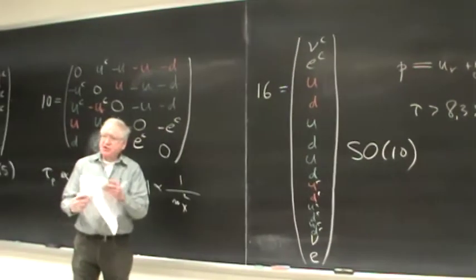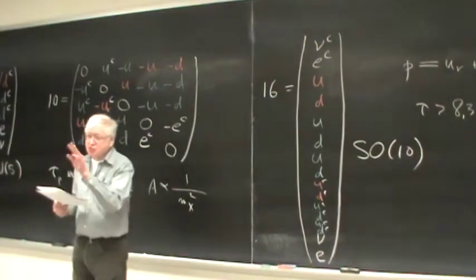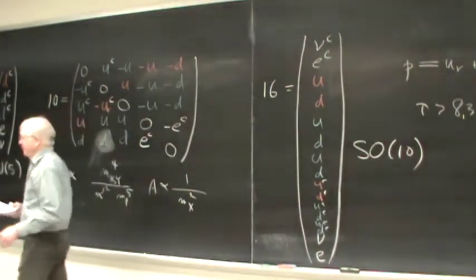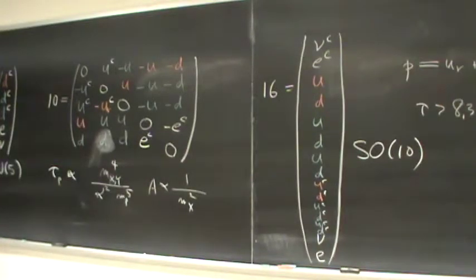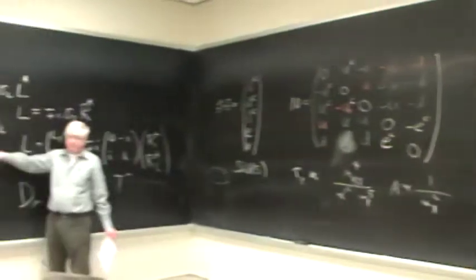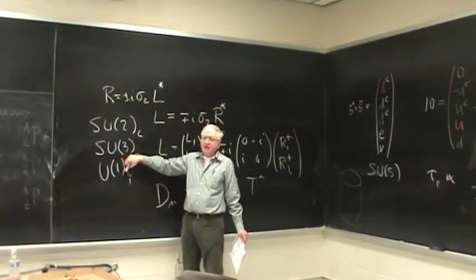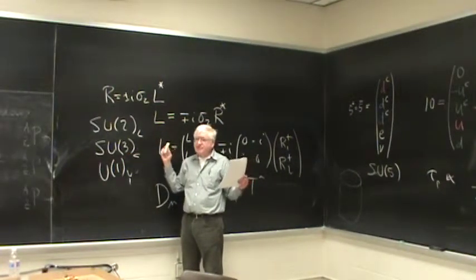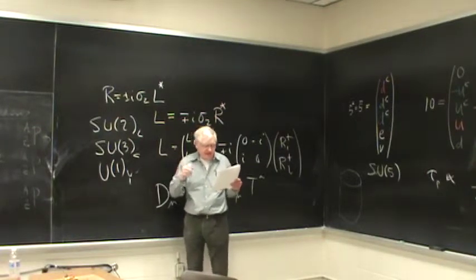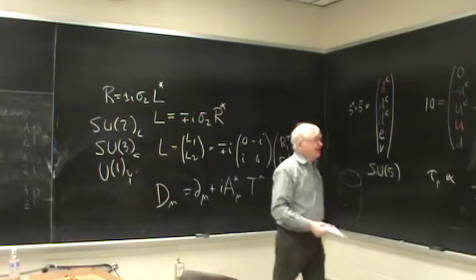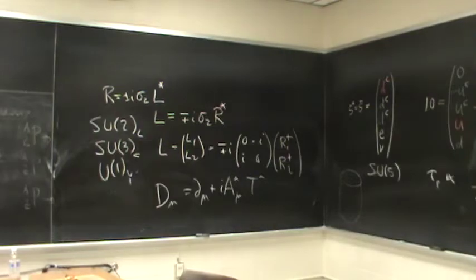The answer to your question is a little bit of a long story, or a medium story, not a long story. If we want to put these guys in a simple group with one coupling constant, then what do we expect to be happening?